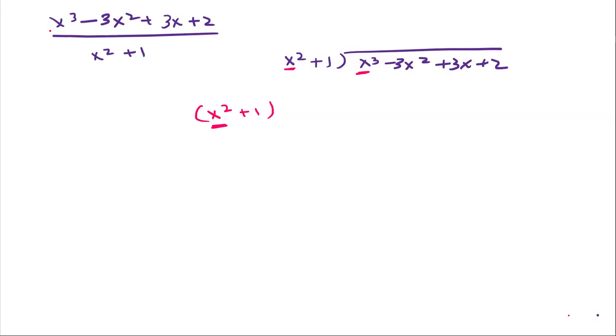Again, what can I multiply x squared by to give me x cubed? Yeah, x, right? x times x squared is x cubed because when you multiply polynomials, you add the powers. So that's what we want.